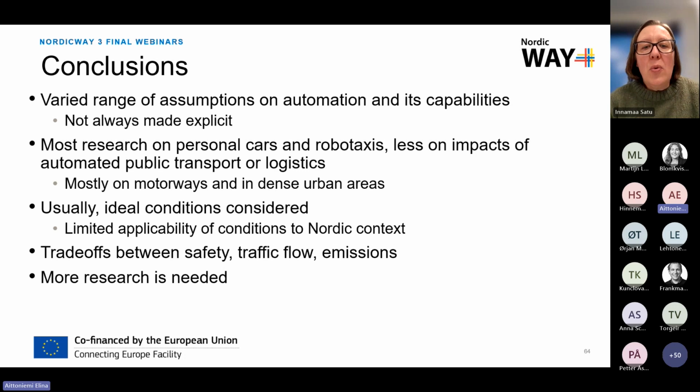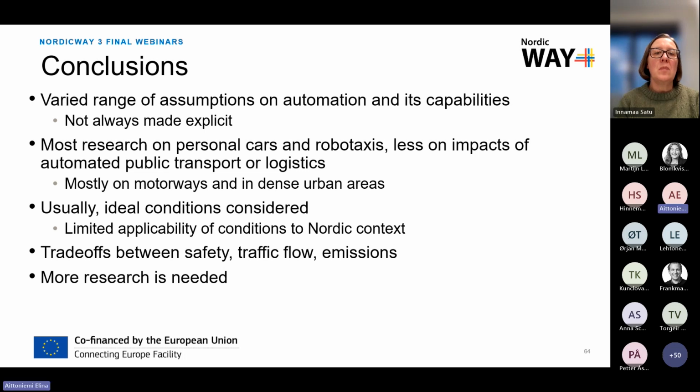Okay. Were there any traffic flow analyses made on the impact of robotaxis? That was actually quite surprising, that I did not find many studies on robotaxi impacts on traffic flow and emissions, which is what I was studying.